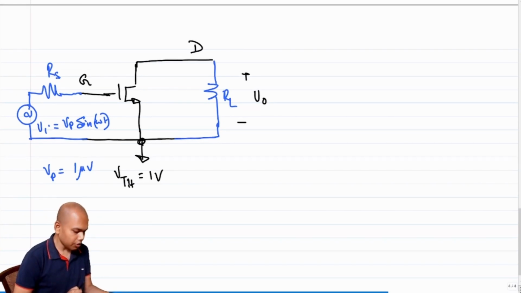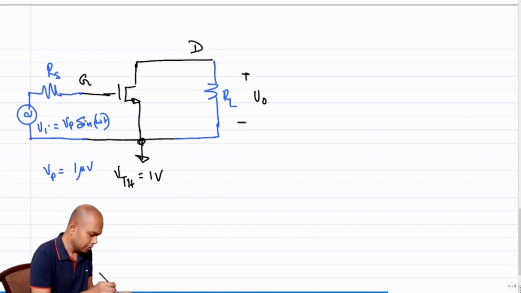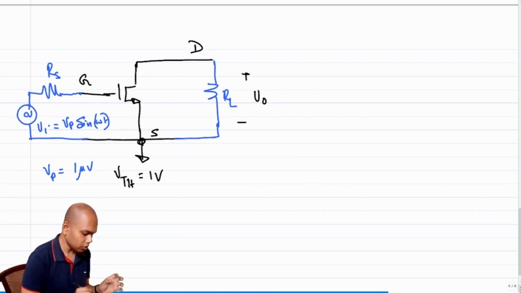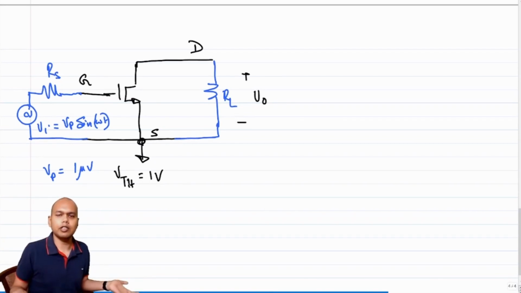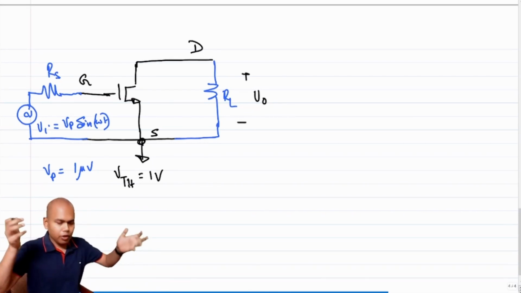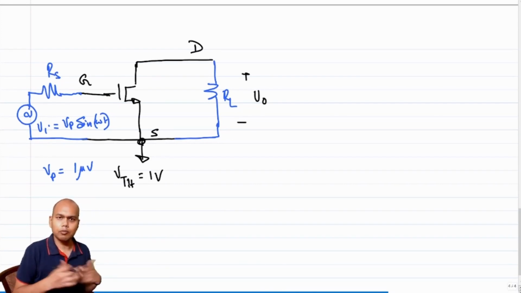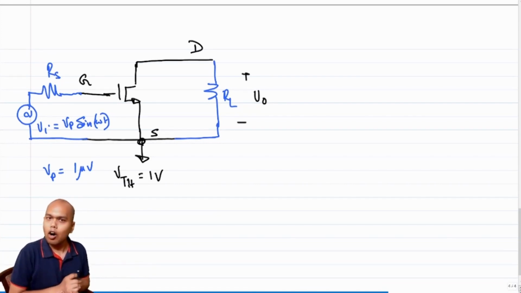So then what do you think is going to happen? Clearly the voltage between the gate and the source of the MOSFET is never crossing 1 volt. It's 1 microvolt sine omega t. It's never crossing 1 volt, which means your MOSFET is off.